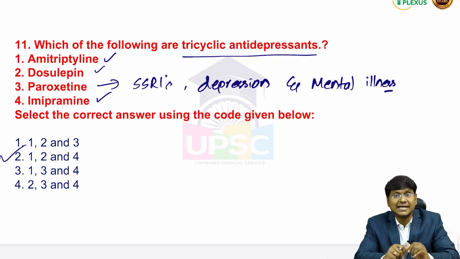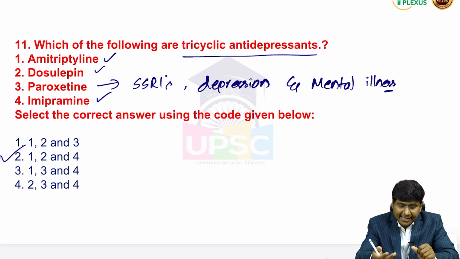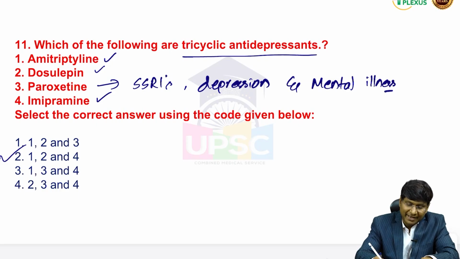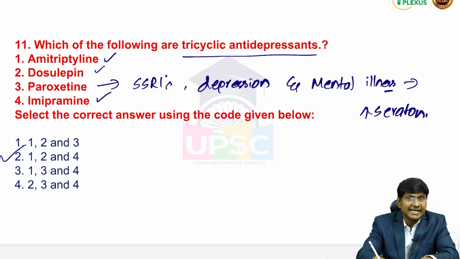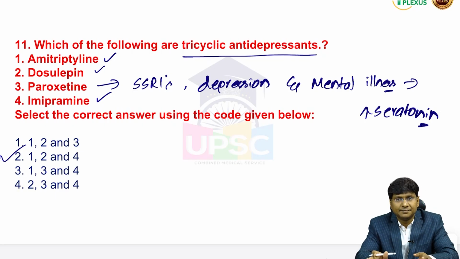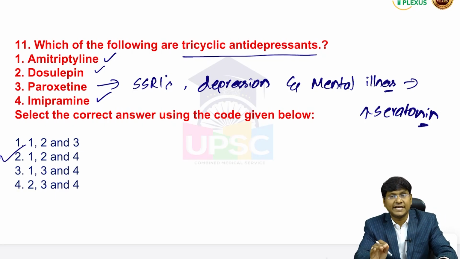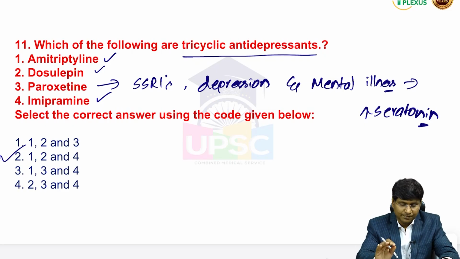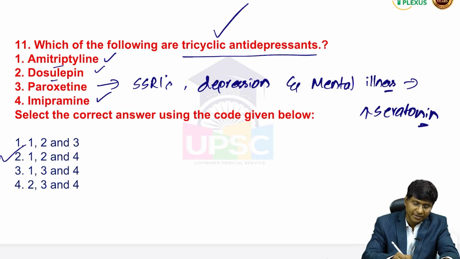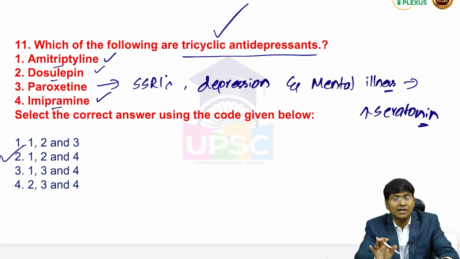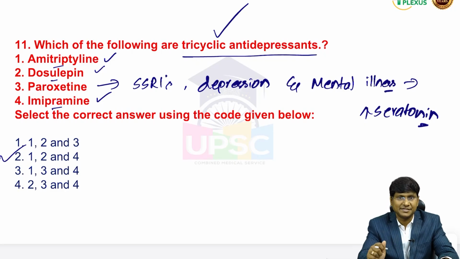The way it treats depression and other mental illnesses is that paroxetine will increase the levels of serotonin within the brain. So paroxetine is not a tricyclic antidepressant, it is a selective serotonin reuptake inhibitor. Whereas amitriptyline, dosulipin, as well as imipramine, all these are tricyclic antidepressants, right?